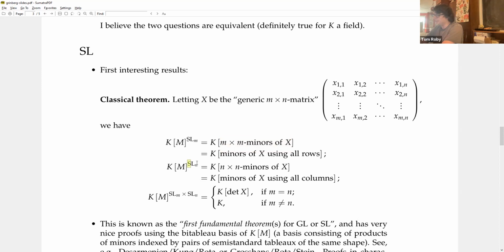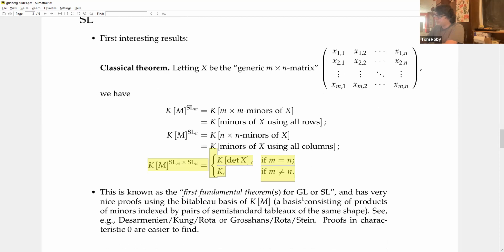If you want invariants under the right, so under the column operations, you have to take the minors that use all the columns. This is basically the same theorem with the matrix flipped. And if you want a polynomial to be invariant under both kinds of operations, the only possibility is the determinant, basically. Well, polynomials in the determinant. And if the matrix is not square, there is no determinant, so you only have constants.